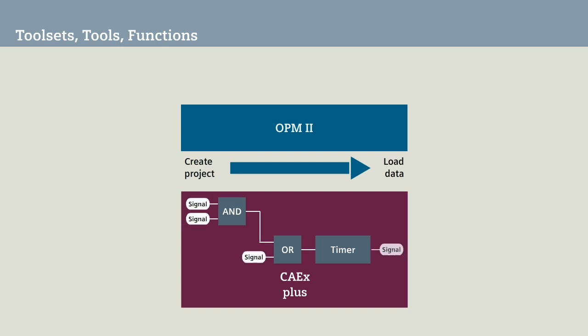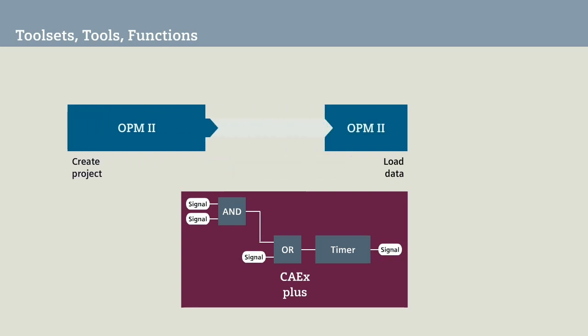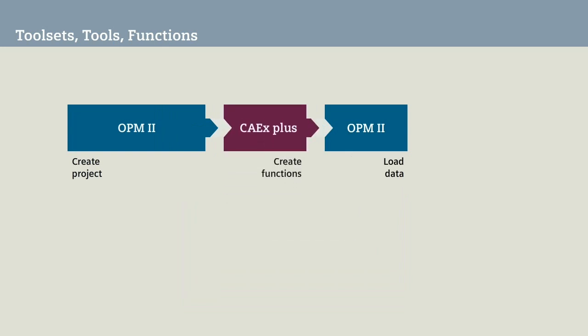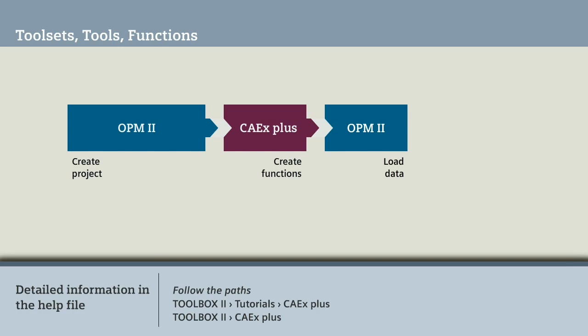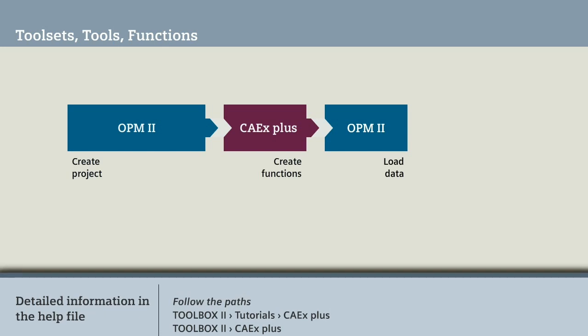Signals supply the input information or transport the output information. You load functions created with CAE-X Plus along with the rest of the engineering data into the automation units. You can find detailed information about CAE-X Plus in the help file via the displayed path.